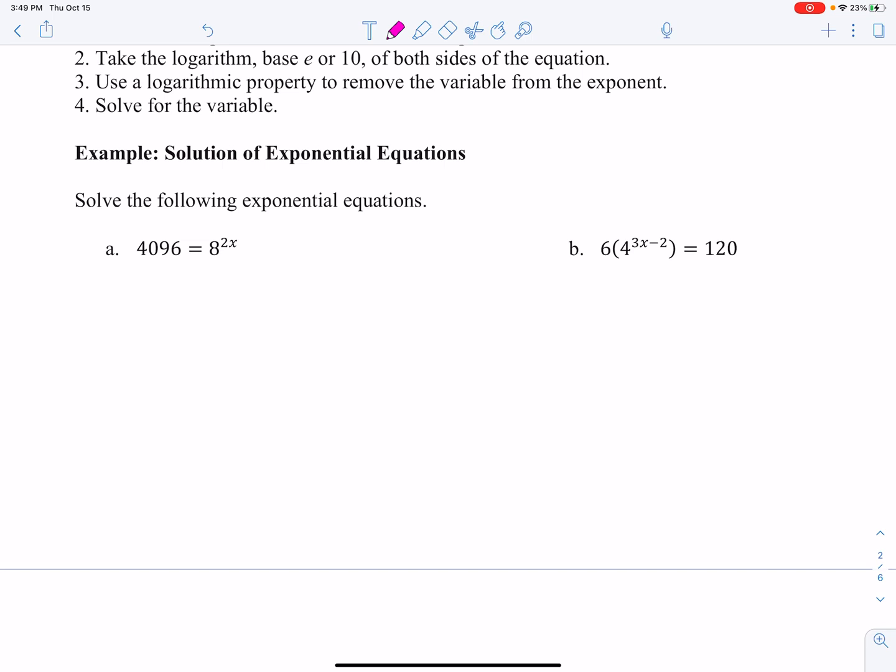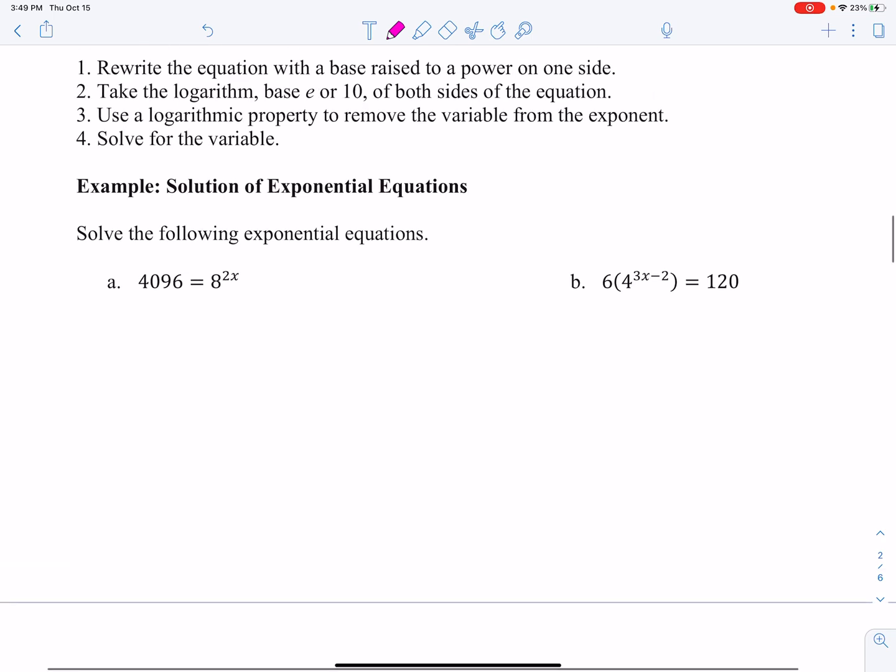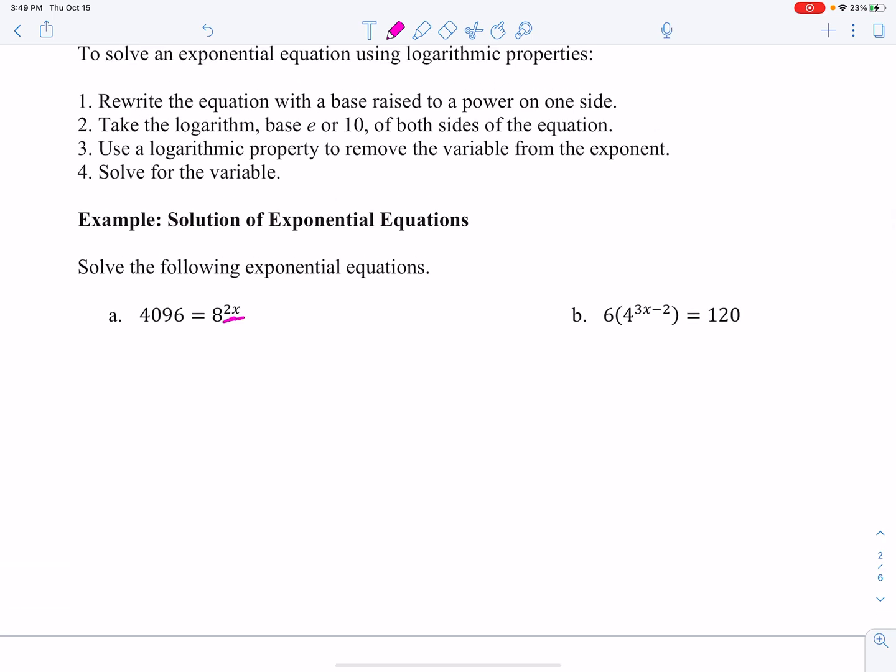So when your variable is an x and it's in the exponent, we're going to use logarithms. All right, so we're going to do log of 4,096 equals log of 8 to the 2x.